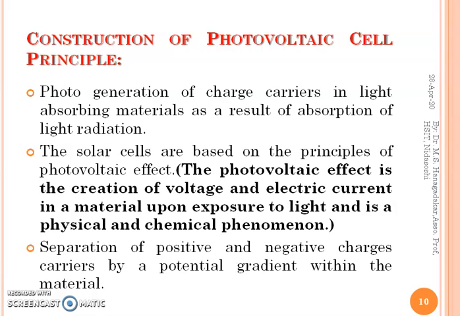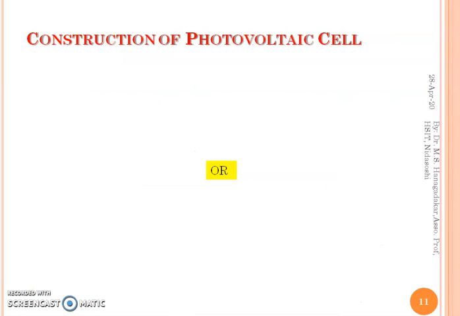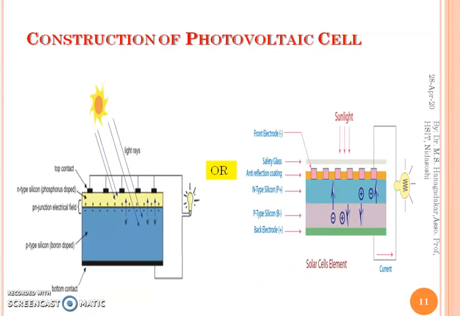In order to explain the construction of the photovoltaic cell, let us begin with brief information about the diagram of the photovoltaic unit, which I am explaining in this slide.